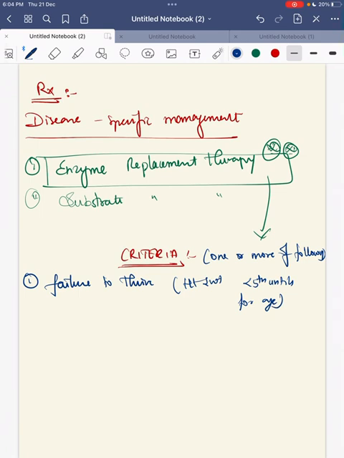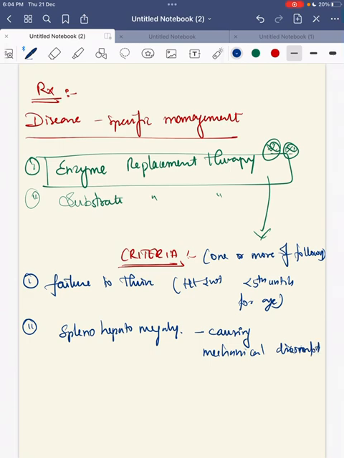This failure to thrive is mainly because of Gaucher's disease and not due to some other reason. Second, the child will have splenohepatomegaly causing mechanical discomfort, or when there is a splenic infarction.